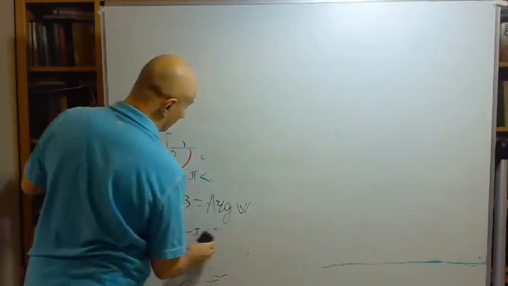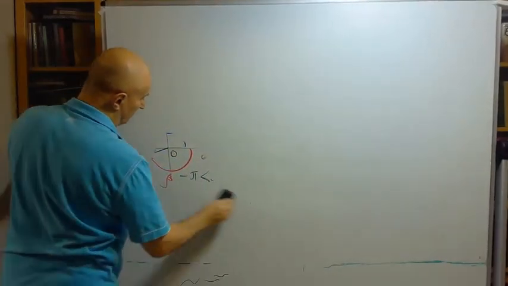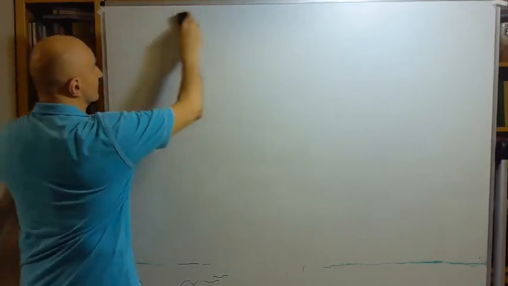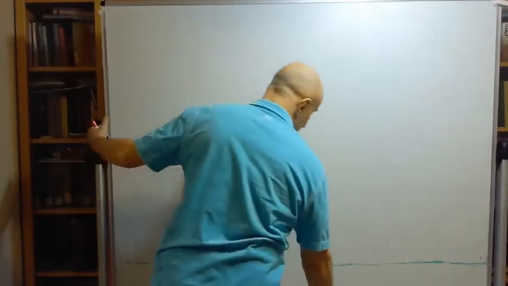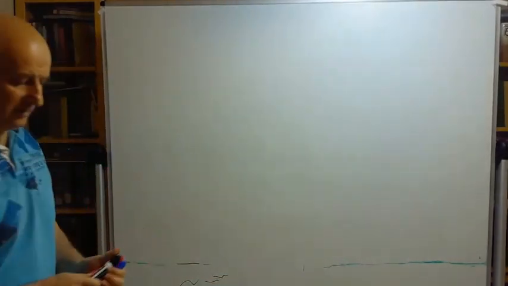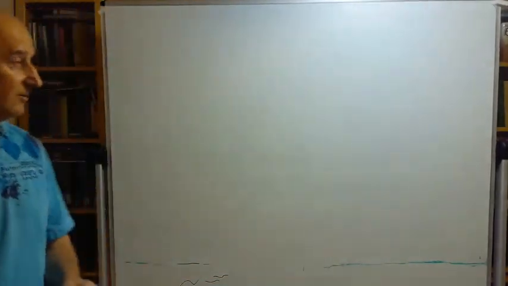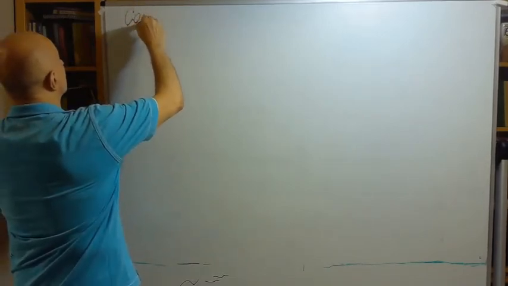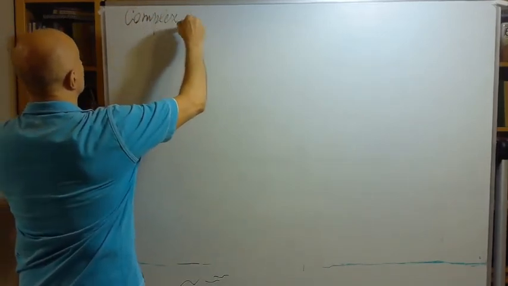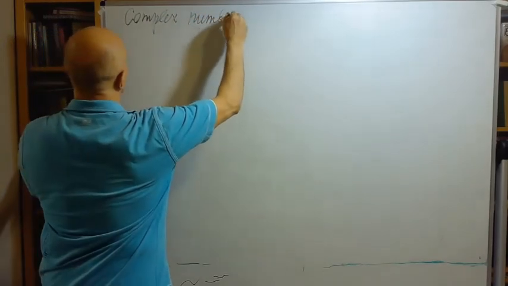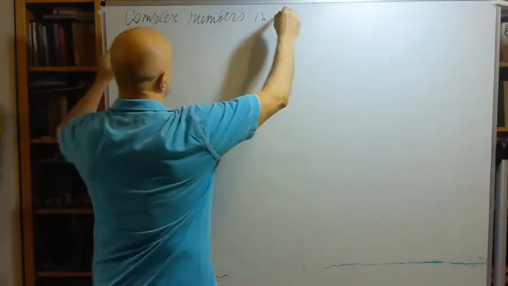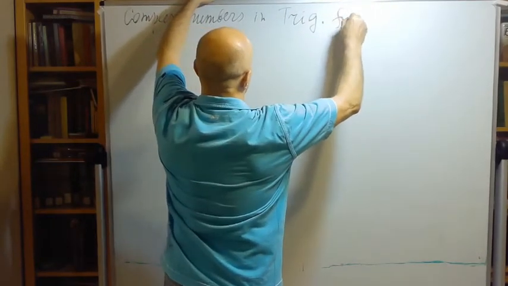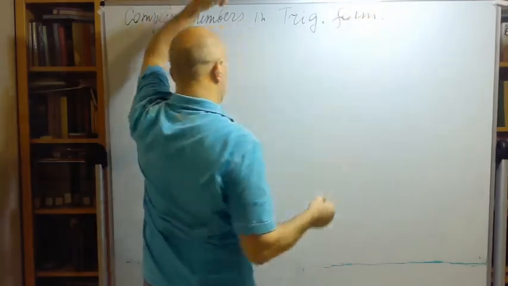And this trigonometric form will give us amazing understanding of complex numbers and of geometry, and even of geometry of multiplication of complex numbers. So this will be our next: complex numbers in trigonometric form.